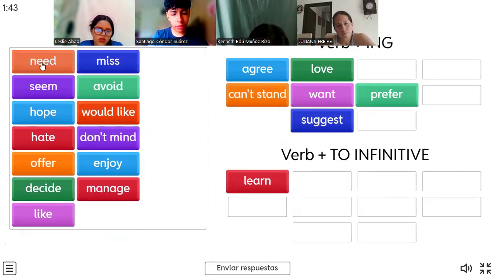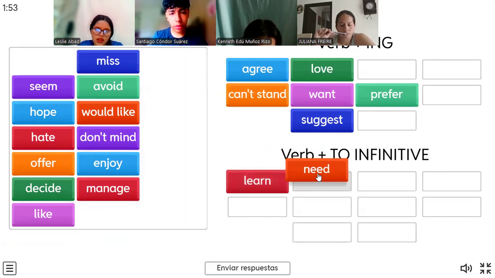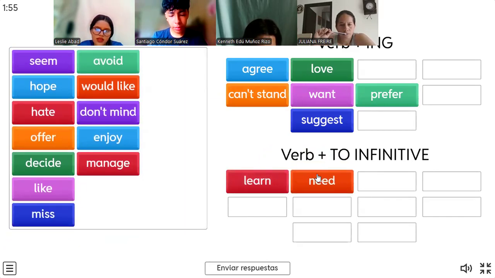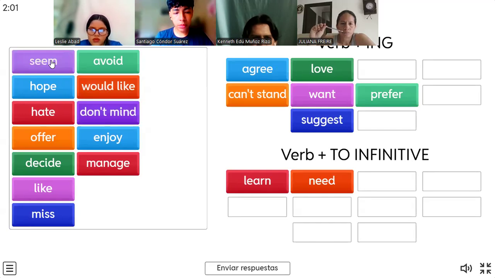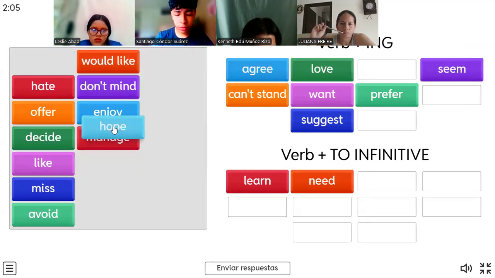Leslie, need. To. Infinitive. Yes. Kenneth, sim. -ing. Juliana, hope. Infinitive.